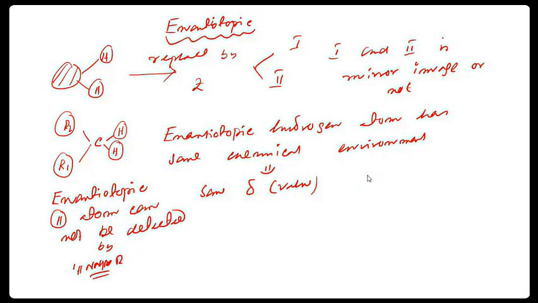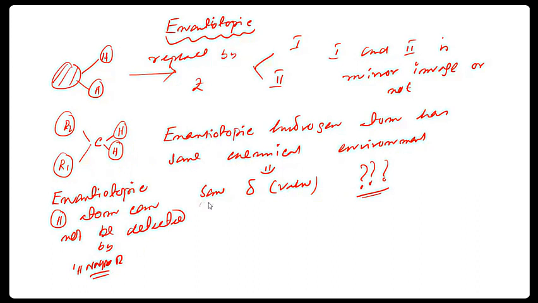The enantiotopic protons cannot be detected by 1H NMR? No, it is not absolutely right. Enantiotopic protons also can be detected by NMR. So this is a very strange question. Now we discussed they have a similar chemical environment. How can we detect them by NMR? There are two routes. One route is to modify the molecule by some diastereomeric derivative.